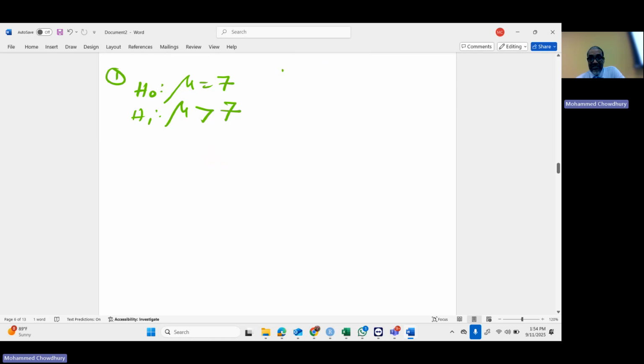This is the first step. Our second step is the same, z calculated, which is equal to 3.10. It will be the same, no change. In the third step, there will be a change. Third step, z tabulated value. This is what you need to understand. What would be the z tabulated value? Now I am showing you how to make the decision for the second set of null and alternative hypothesis.